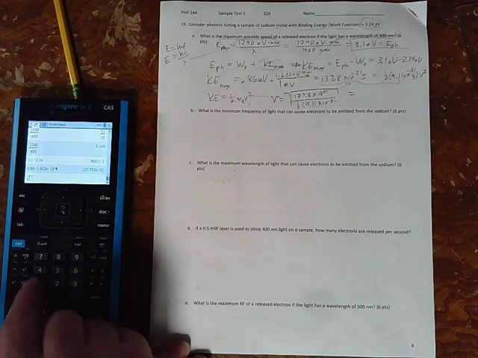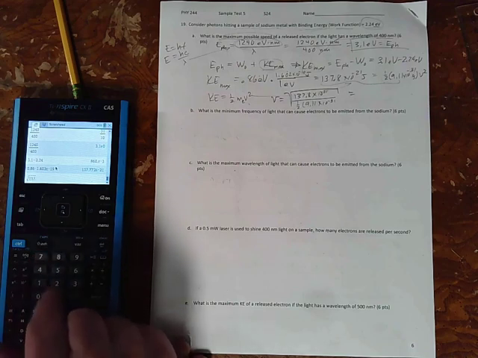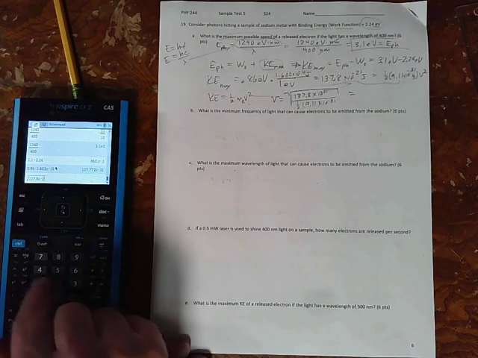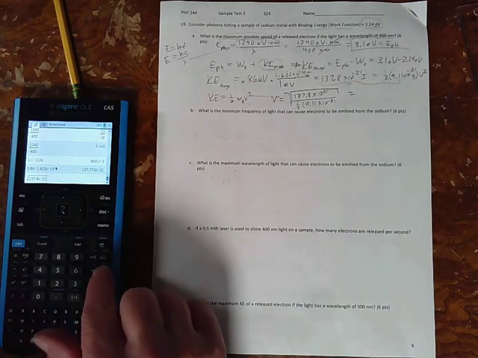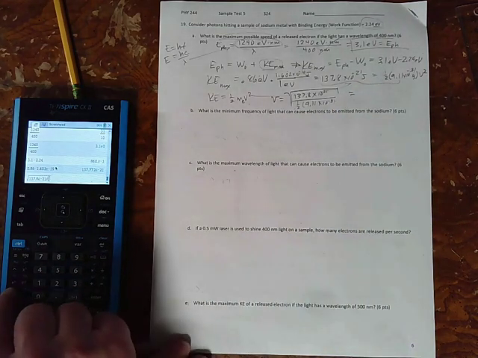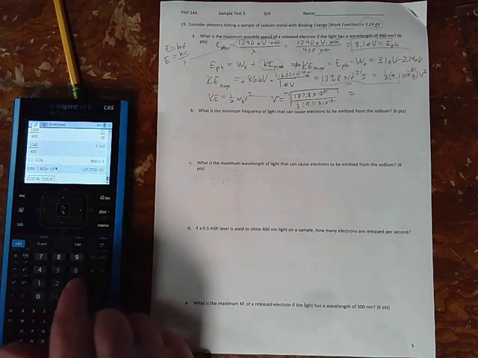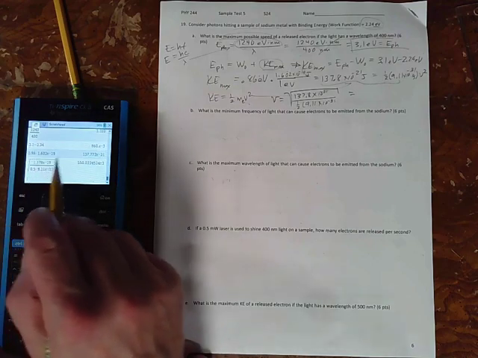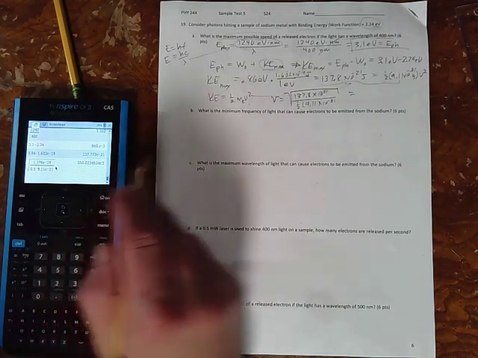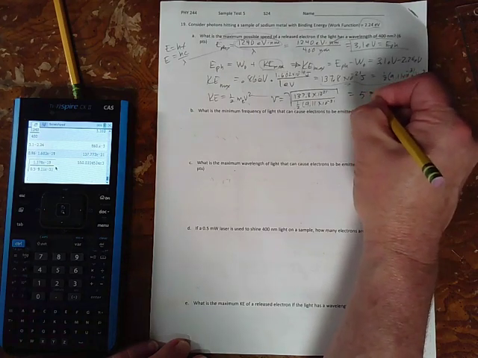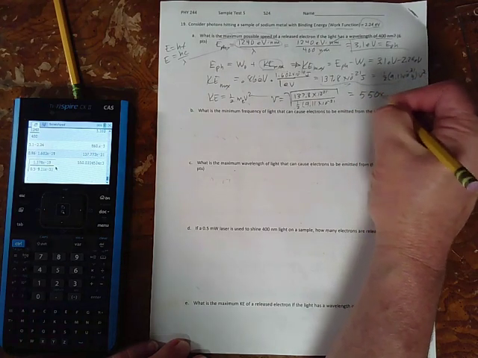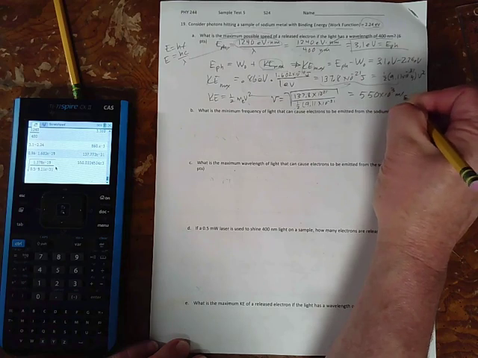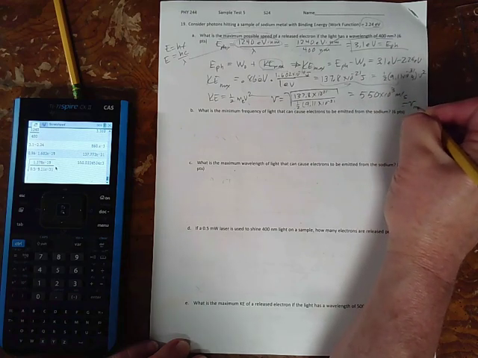Square root of 137.8 e negative 22 divided by 0.5 times 9.11 e negative 31. Looks pretty good. Okay, so we get 550 times 10 to the third meters per second for our v max.